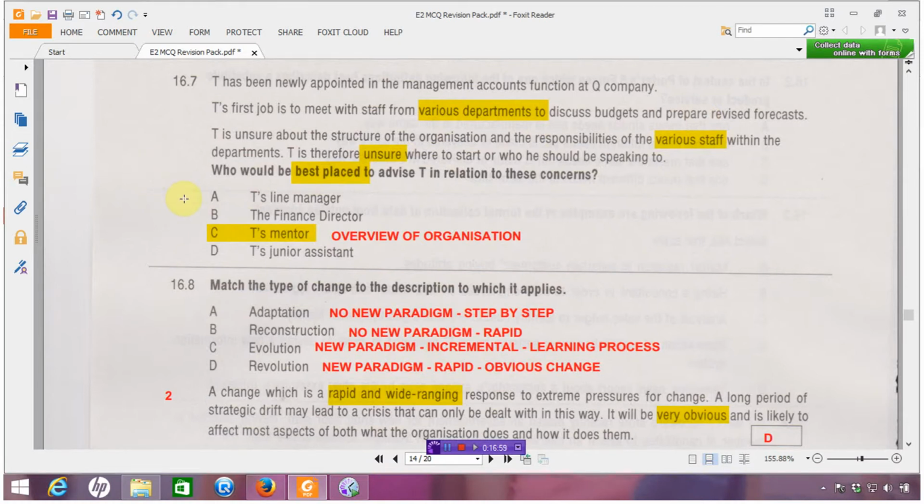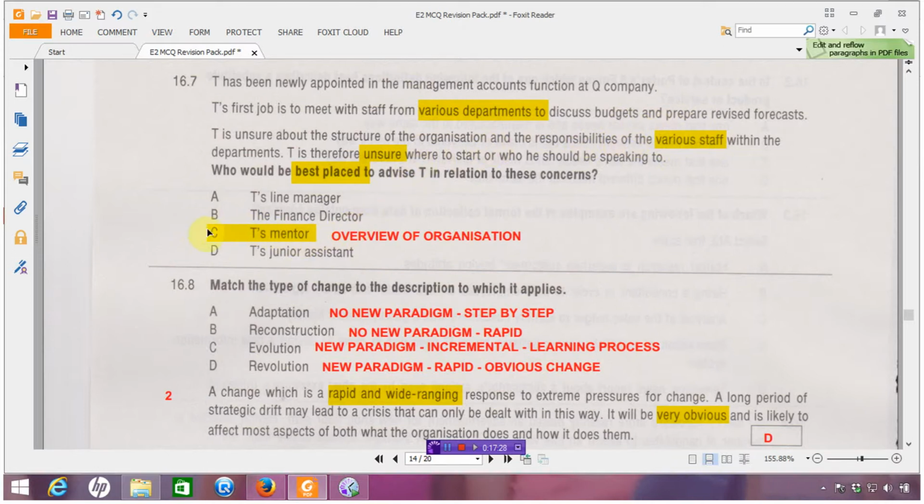Now, in a practical sense, in real life, there are several of these answers that you might think were relevant. What we need to do, as we've said in classes, is think like the examiner thinks. So we've got someone who's a little bit unsure of who they should go to in relation to a particular issue. They're dealing with various departments, various different staff, they're new to the job.